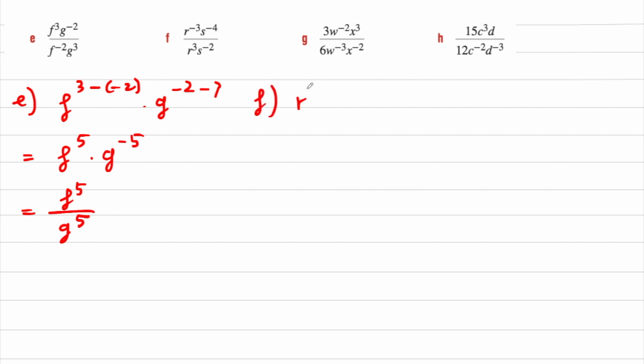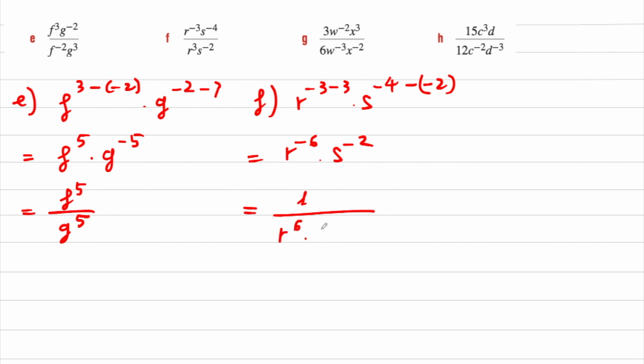Question F, r minus 3 minus 3, s minus 4 minus 2 plus 2, r to the power of minus 6 and s to the power of minus 2. Change position from numerator to denominator. You got this one. Question G, you get 1 over 2, 3 and 6, you can simplify this one.